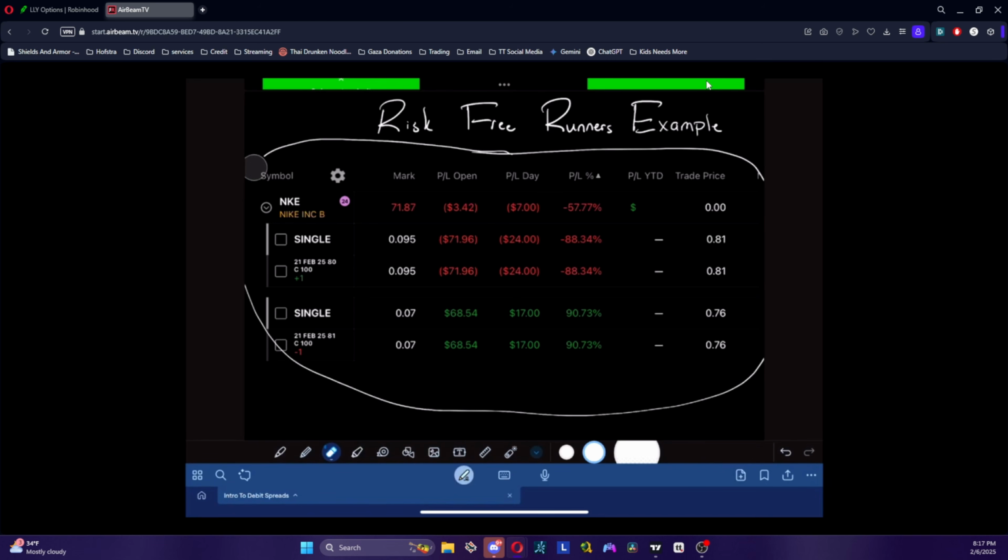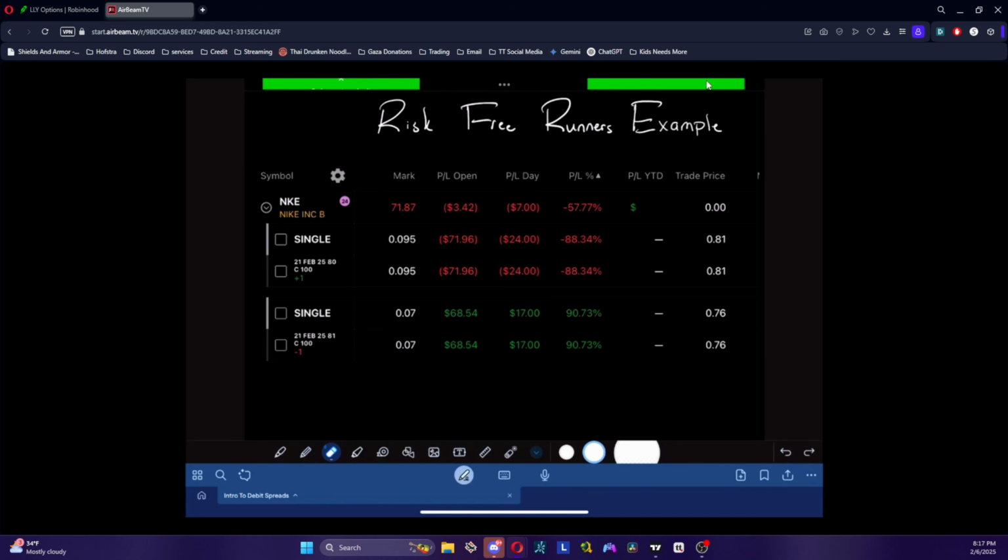So if you guys remember, we entered the Nike calls for 81 cents. By the next day, I believe the contracts went above, I think they were $1.15, $1.50. Let's just say $1.15. Since obviously Nike was going up, that means all the other calls in the option chain for Nike were going up as well.